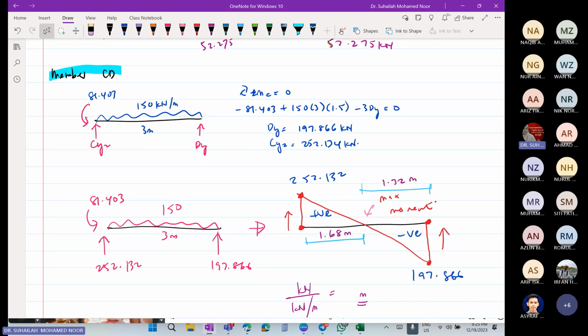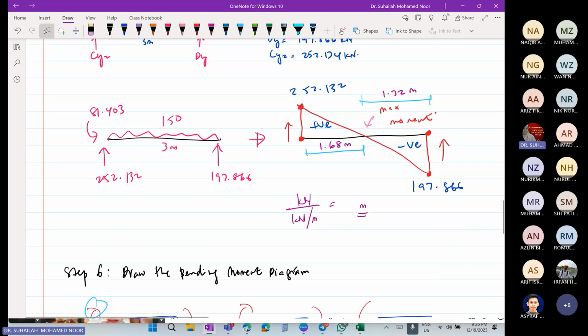So please remember, for UDL we have to analyze whether it has maximum moment or not, because sometimes we may not get this type of shear force diagram. We get trapezium. When we get trapezium, means there is no maximum moment. Maximum moment only occurs when there is an intersection in the diagram.